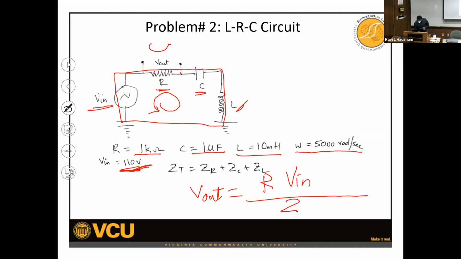So Z total. So Z total will have R, capacitance, and inductance. Okay, so what is your Z total then? Z total is the impedance of the resistor, impedance of the capacitor, and impedance of the inductor. Okay.